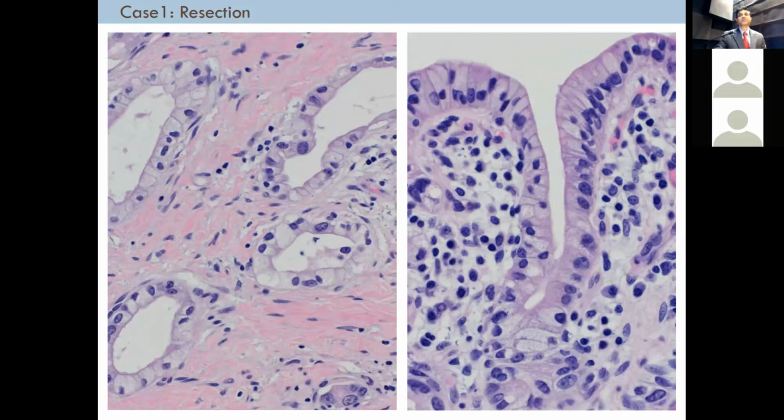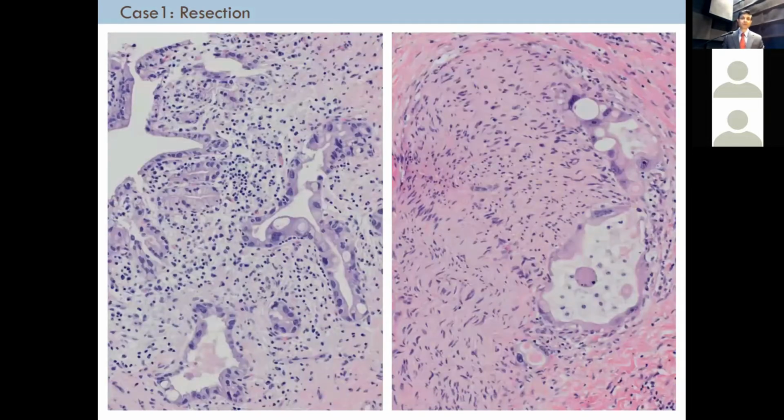Similar type of cells were also seen lining some of the ducts. Also present within the same resection specimen were areas that were frankly malignant. As you can see over here, these are very atypical glands lined by cells with marked nuclear atypia. Also, over here, you can see a gland showing perineural invasion.